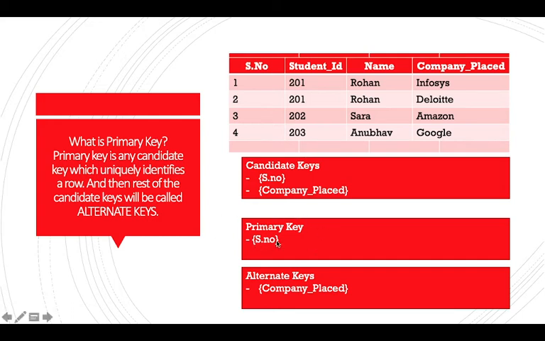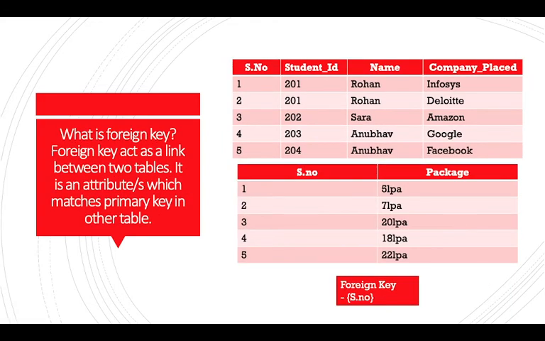All right. Moving ahead, what we have is our foreign key. Foreign key, you can maybe understand it by name only. When we are having another table, it is going to act as a link between two tables. So, for example, we had the student table above where we had sign number, student ID, name, and company placed.